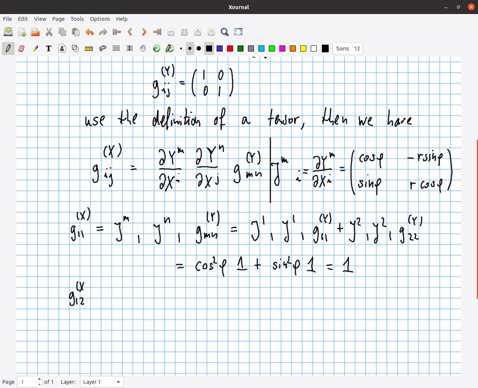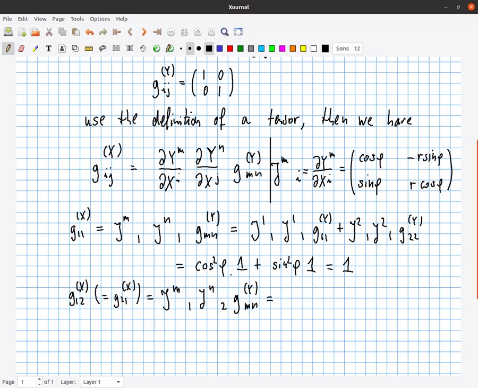G12 in the x coordinates, which is of course the same as G21, is, so I'm working with 1, 2 now. So J M1, J N2, G M N Y. So as in the previous case, G only has 2 non-trivial components, the 1, 1 and the 2, 2 components.